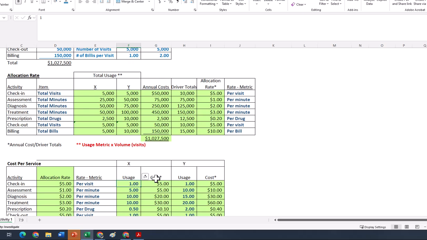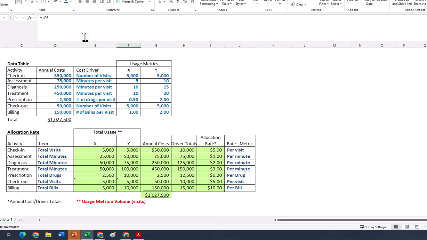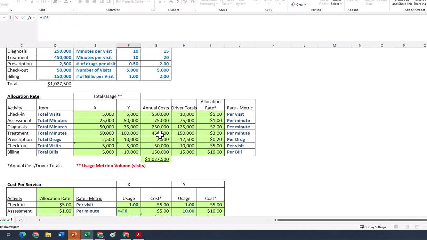There's just a one-to-one ratio, visit to itself, right? So the usage is just one. Each visit is one of itself, kind of by definition. And then for X, we've linked it to the five.